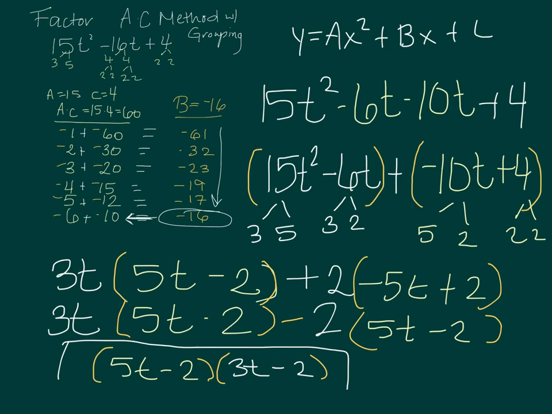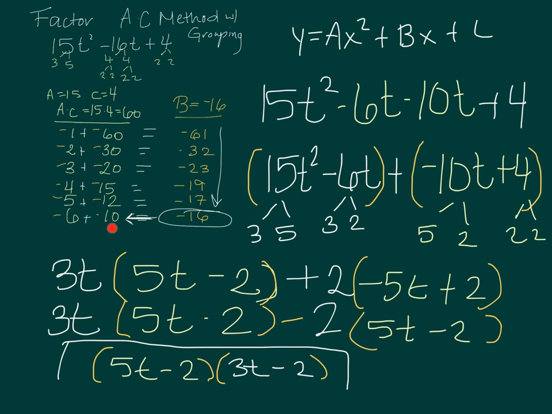And did that all the way down. I compared these to that B term, which is -16. Because it's negative, I knew that both of my factors needed to be negative over here, right? And I noticed that -6 plus -10 is -16. That's the sum that I was looking for.